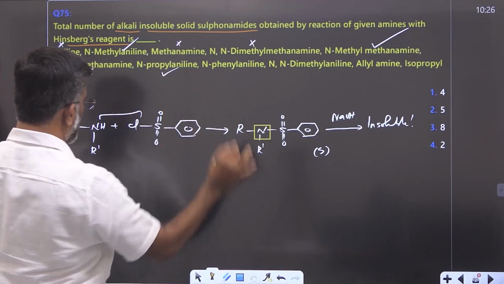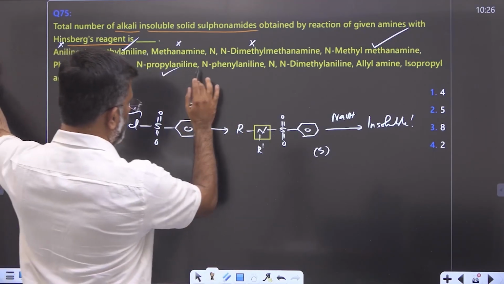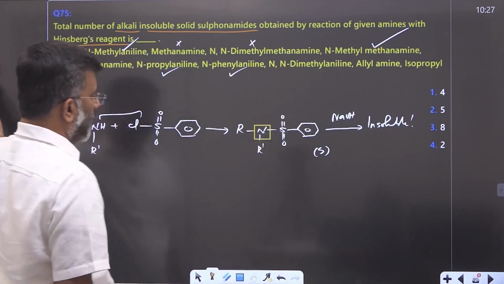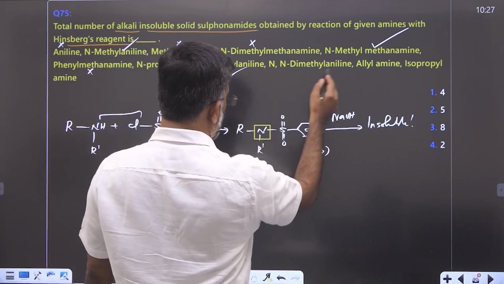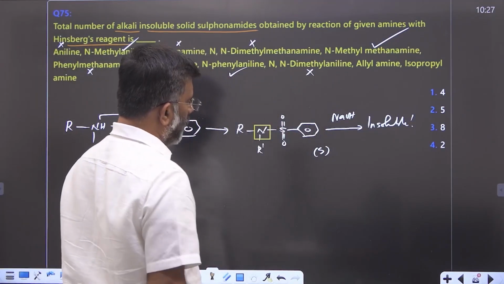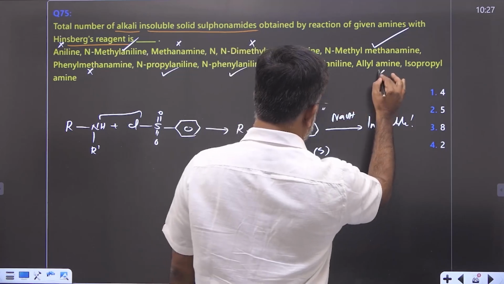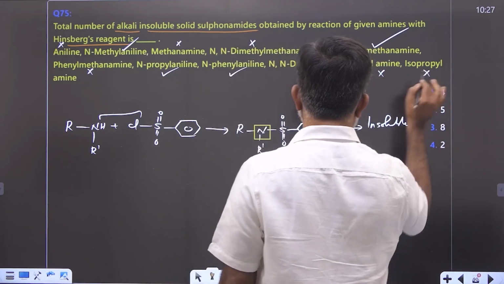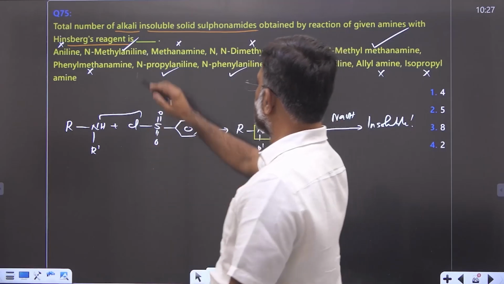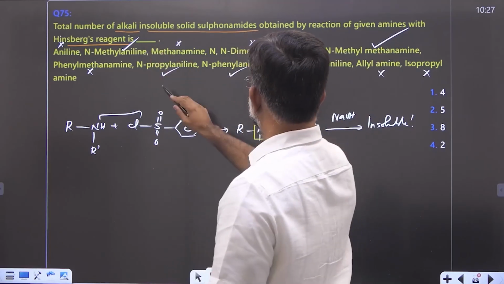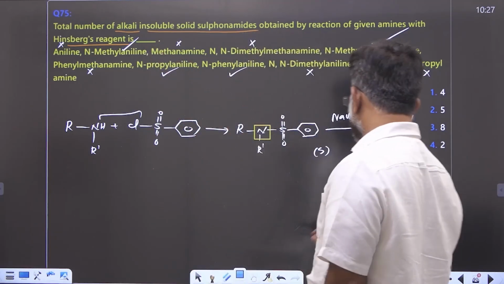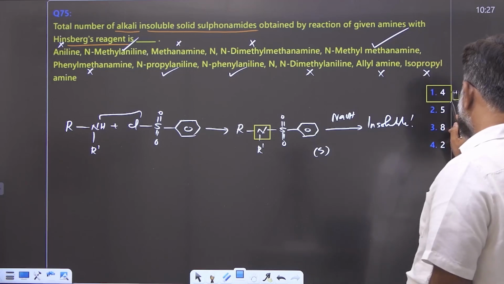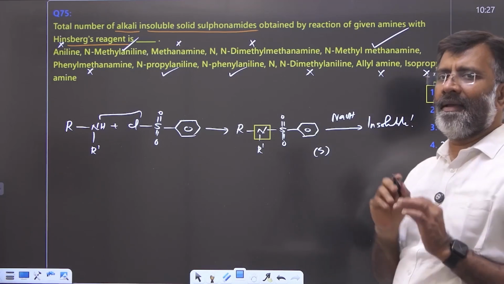N-propyl aniline, a secondary amine. N-phenyl aniline, a secondary amine. N,N-dimethyl aniline, a tertiary amine. Allyl amine, a primary amine. Isopropyl amine, a primary amine. So the answer should be 1, 2, 3, 4. First choice should be the answer. There are 4 secondary amines.